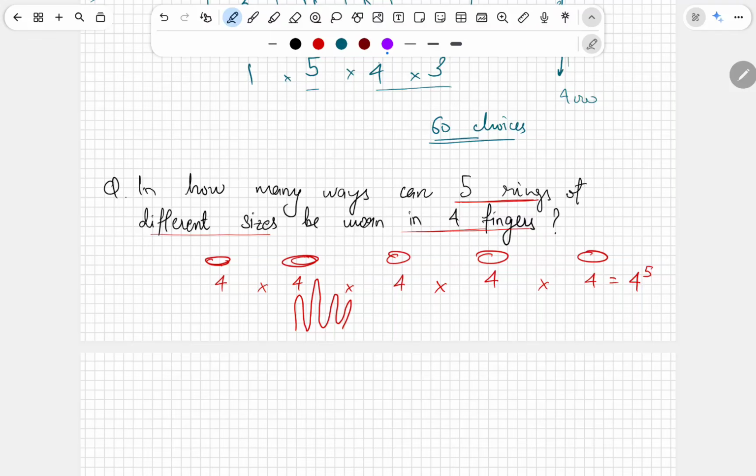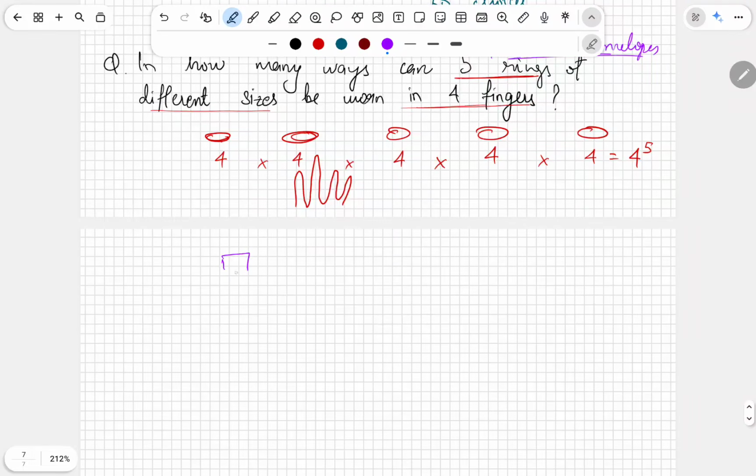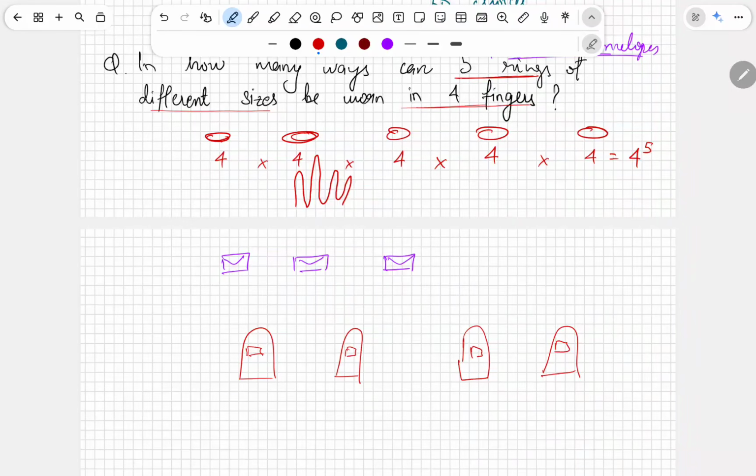The same kind of question is also present in the paper where it is said letter boxes and envelopes. The concept is the same for both the questions. In that question, the letter or the envelope has to go in the letter box. These are the letter boxes and these are my letters.